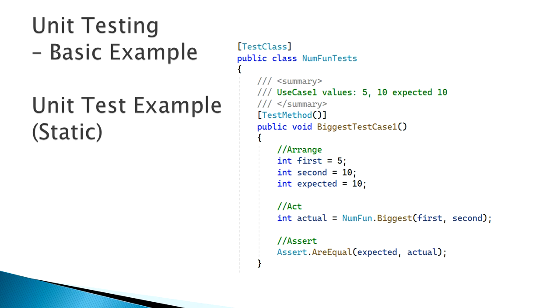When you write your test, in the arrange we don't instantiate it. Our references in our test project are sufficiently set up for the code project that all we have to do is refer to it, numfun dot the biggest method, and pass our values for first and second. We'll get our actual value back. Of course, in the arrange, we define the expected value, and then our assert are equal is exactly the same.